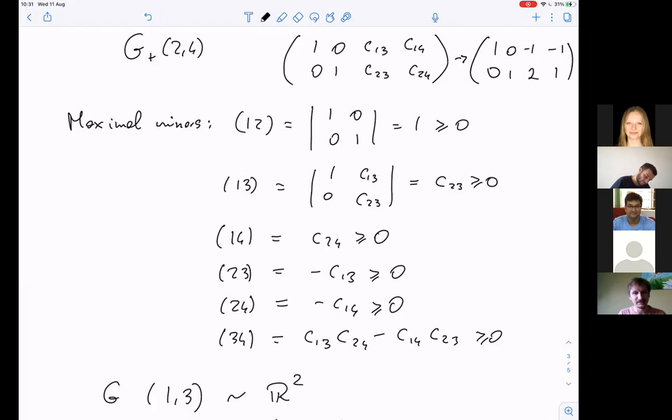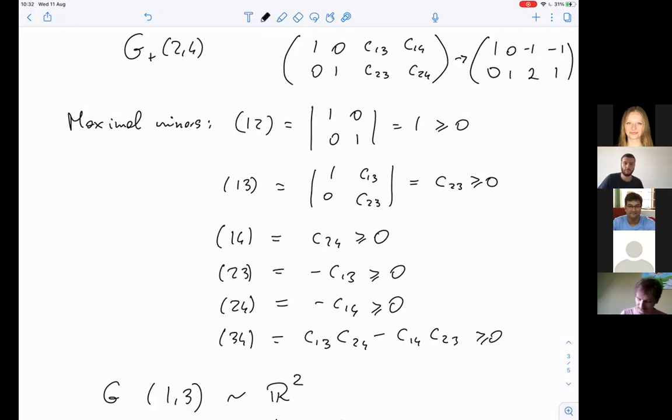The question is: is all C equal to 0 a valid solution? Yes, it is, and it's a very good point. If I put all C's equal to 0, then all these inequalities are satisfied. But if I take sharp inequalities, so if I talk about the inside, the open part of the positive Grassmannian, all zeros will not be there.